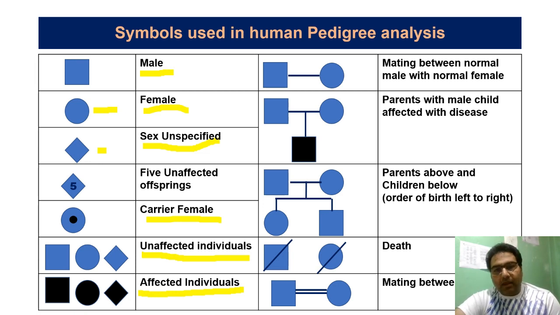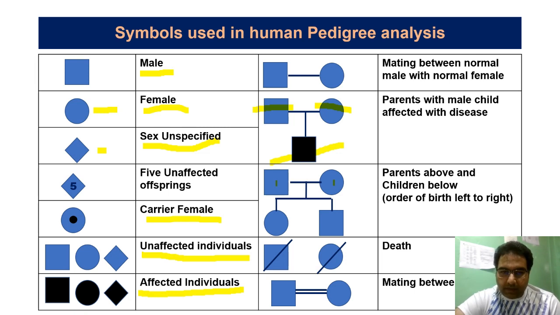Here, a normal male has married a normal female, but the child born is a male child who is diseased. And here a male married to a female, that is a square married to a circle, and they both give rise to two offsprings.